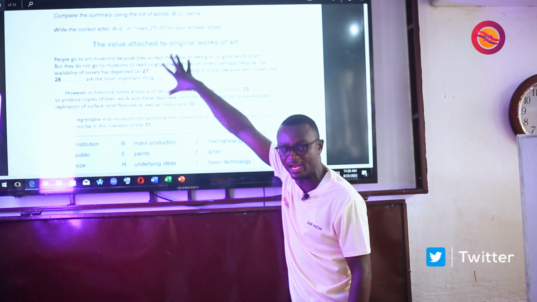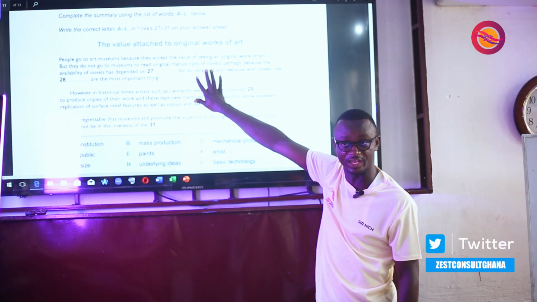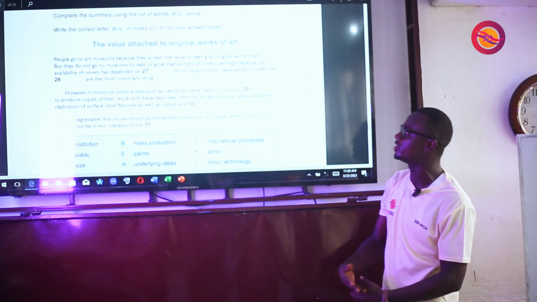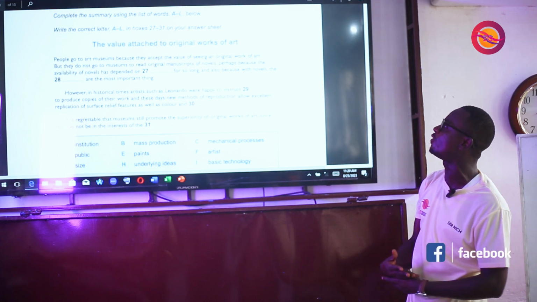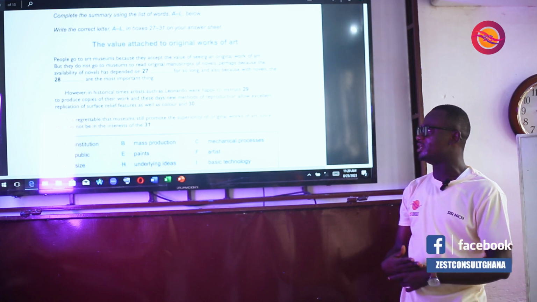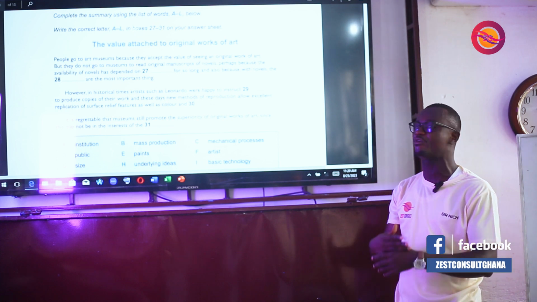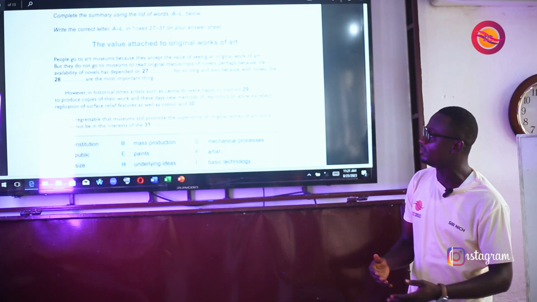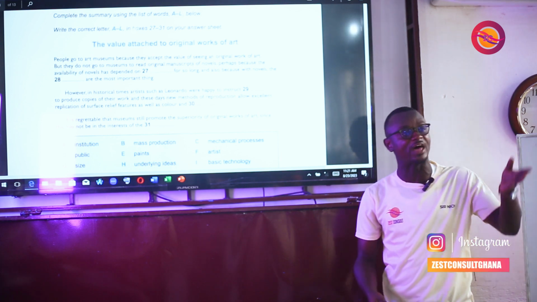There is still a summary written here, and the summary here is, people go to art museums because they accept the value of seeing an original work of art, but they do not go to museums to read original manuscripts of novels, perhaps because the availability of novels has depended on dash.